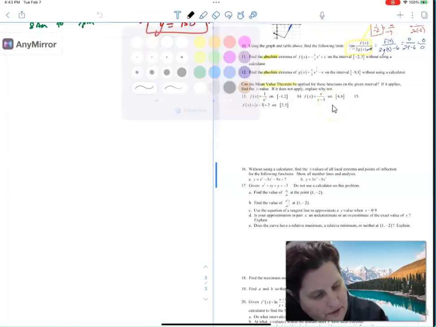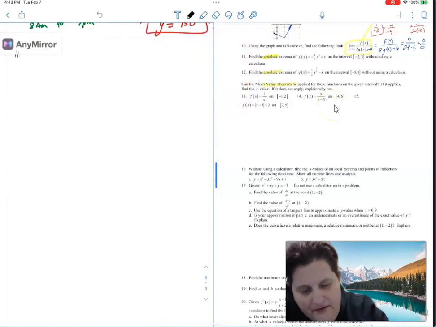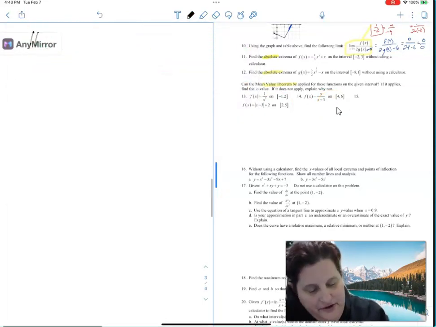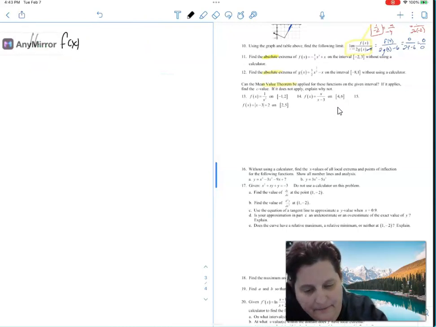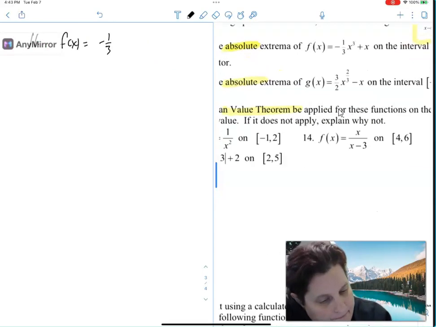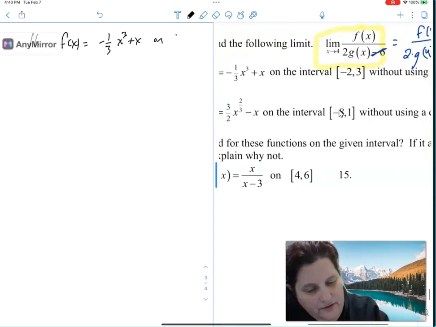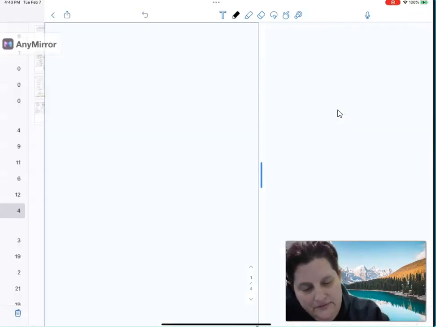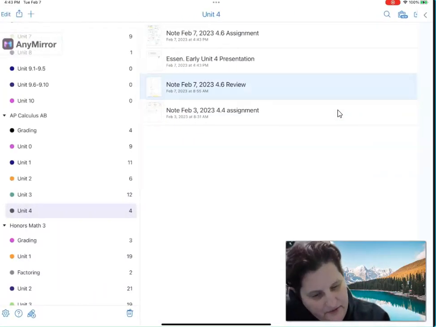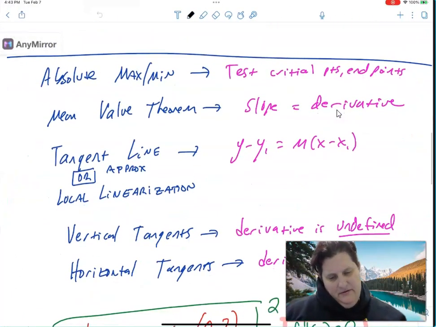All right, so starting with number 11. Absolute extrema of negative 1/3 x to the third plus x on the interval negative 2 to 3. One of the things that we talked about in class today, let me find where I wrote this down.